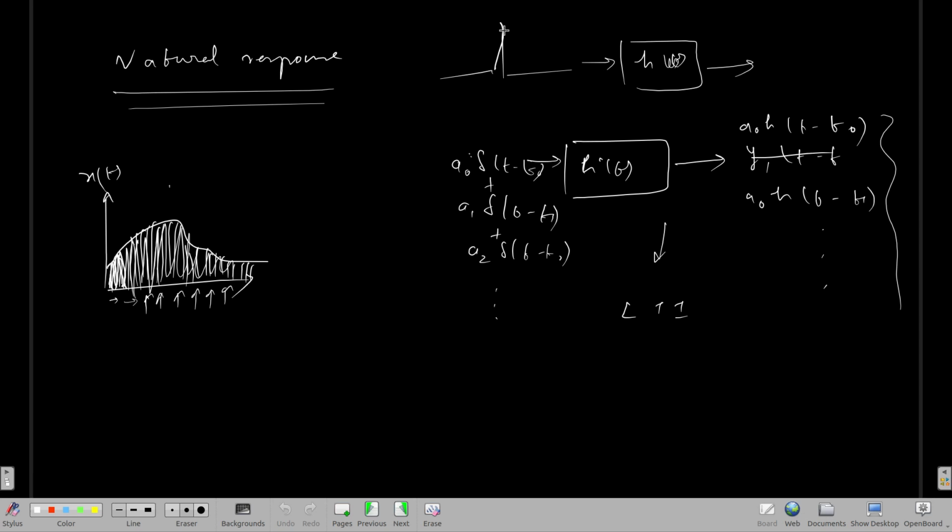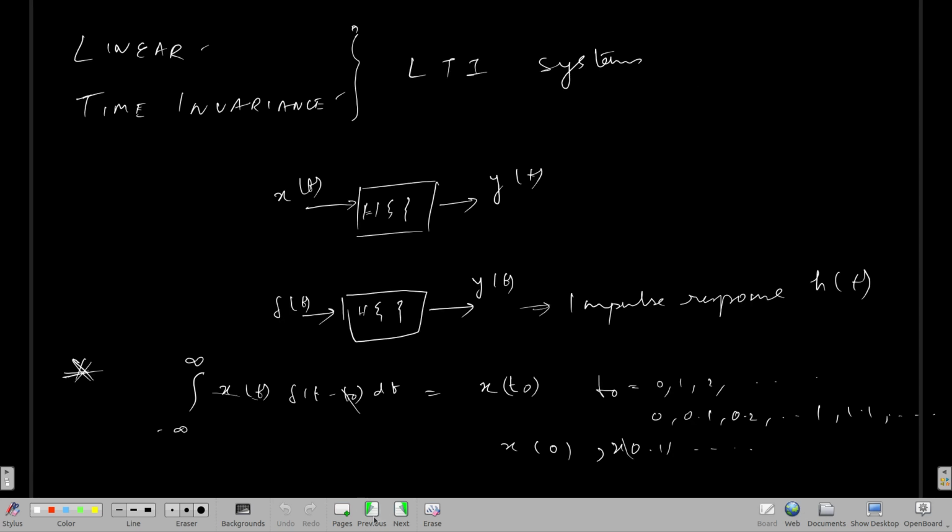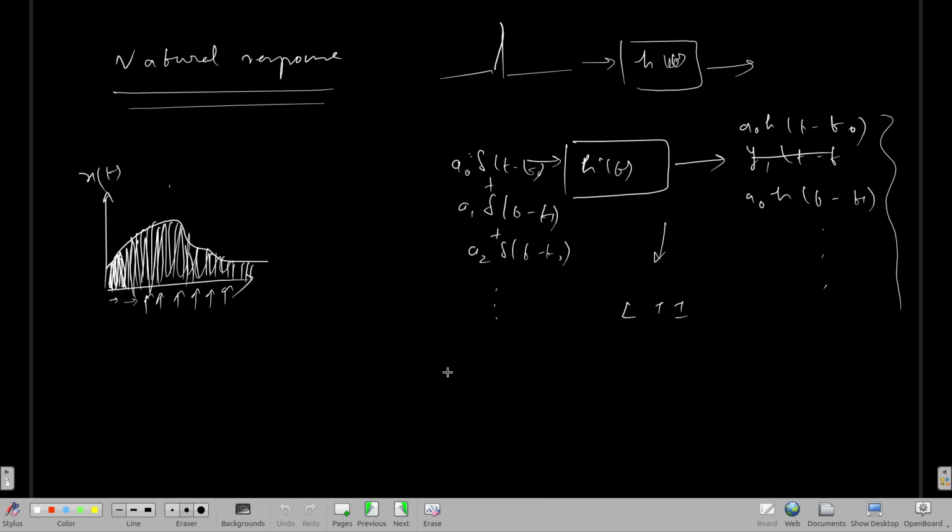That is why we are using a delta function, and because of the shifting property. Shifting property is very important. Okay, so we have established the shifting property. Then what do we do? Now we take a signal and we break it down into different impulse functions using the shifting property.